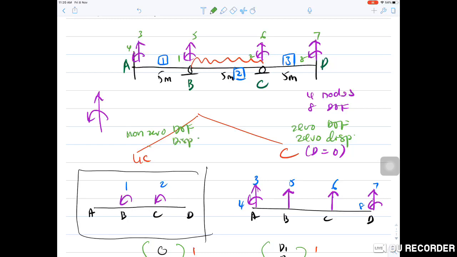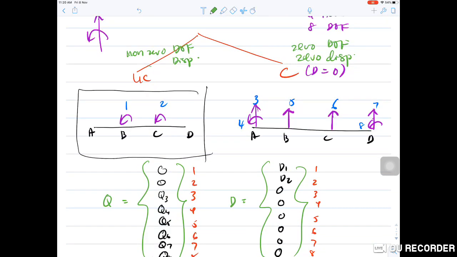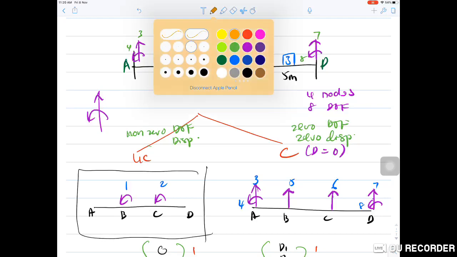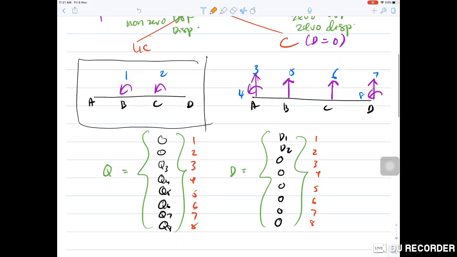So we have just now labeled the degree of freedom. 1 and 2 are located in the unconstrained system because in this beam, if we draw the deflection, it deflects like this, like this, like this, right? So we can see clearly that there are rotations at B and C, theta B and theta C.